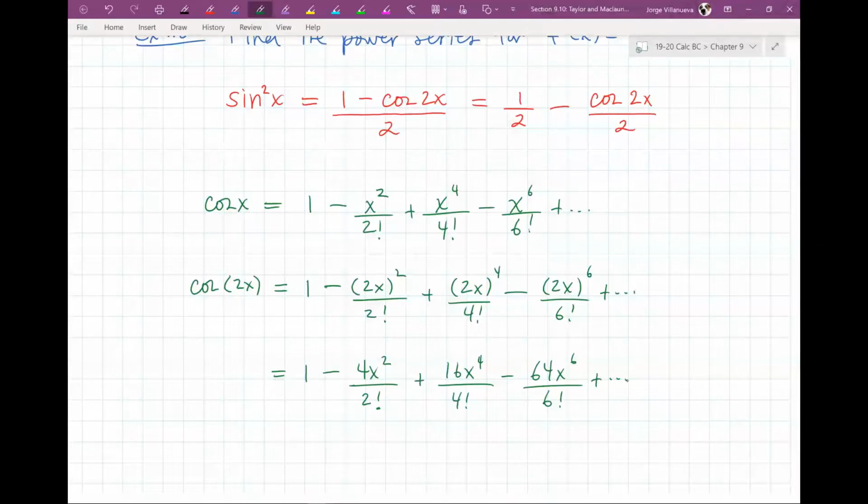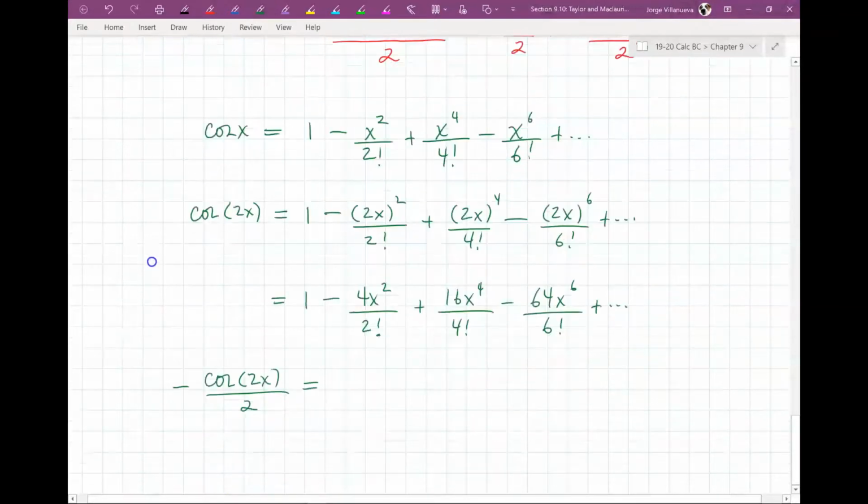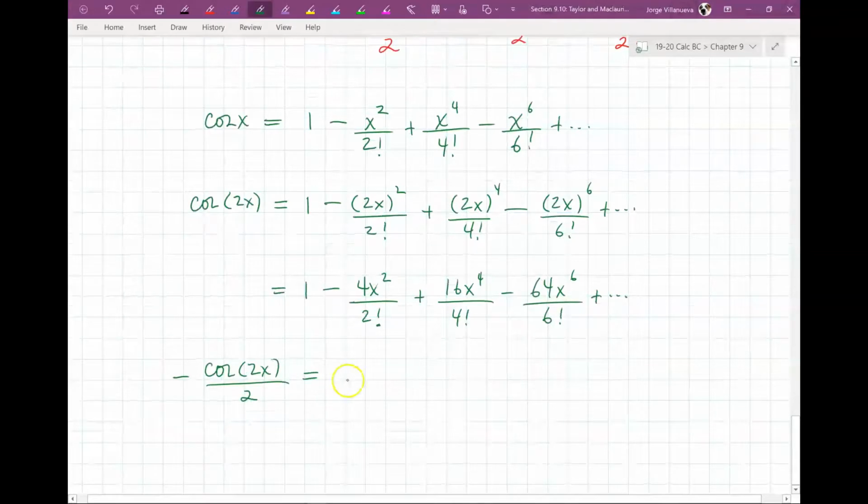So what I'm going to do now is divide by -2. Notice I'm trying to piece this together right here. So negative cosine 2x over 2 is equal to, if I divide by -2, I get -half plus 4x squared over 2 times 2 factorial.